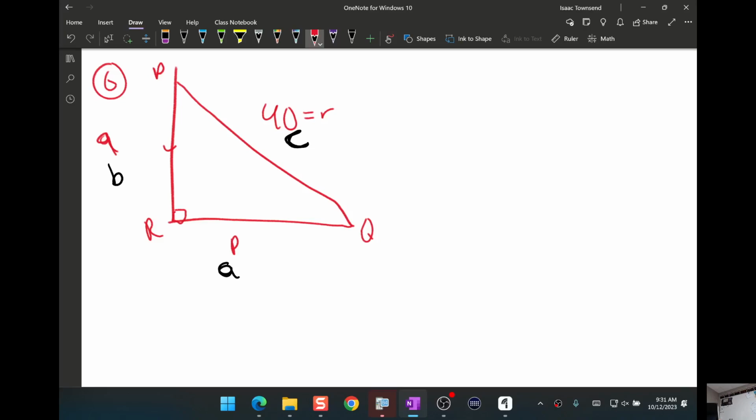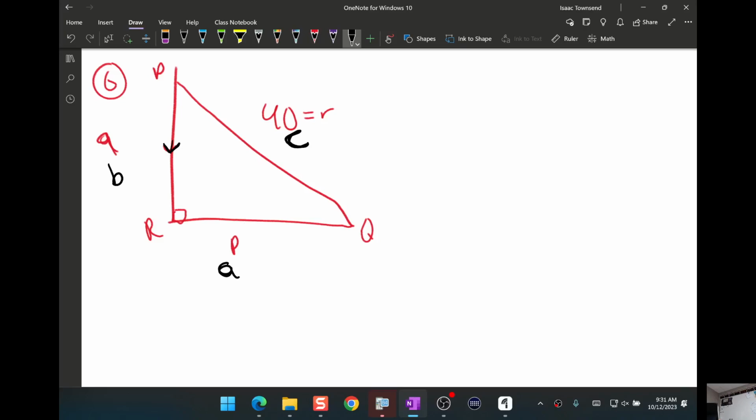Okay, it says we've got a 40-foot ladder against the wall. The ladder is slipping down the wall. So there was a little arrow there to kind of show that. What is the distance RQ?